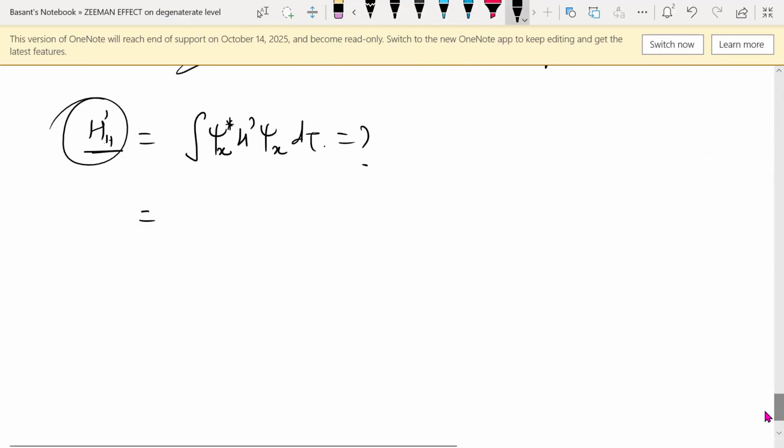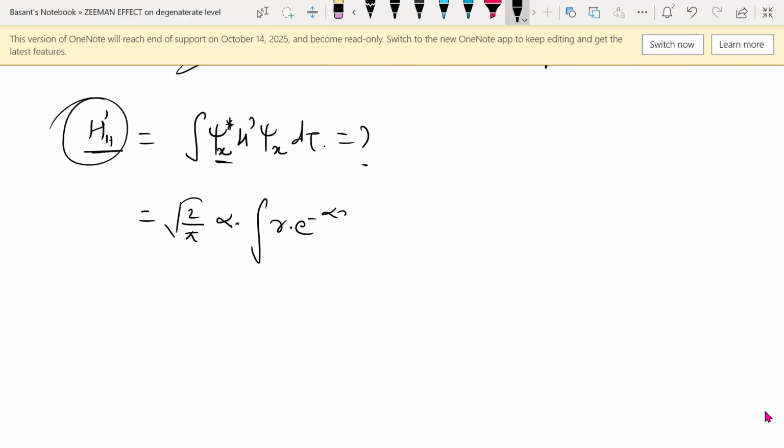So H11 is equal to the integral of psi x. We have seen that psi x is equal to root under 2 by pi alpha into r e to the power minus alpha r square by 2.